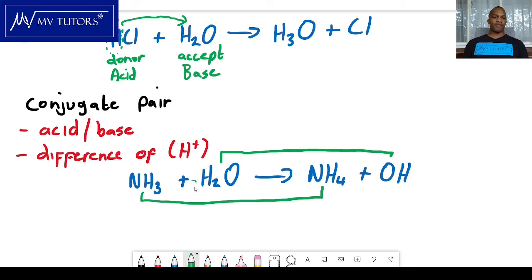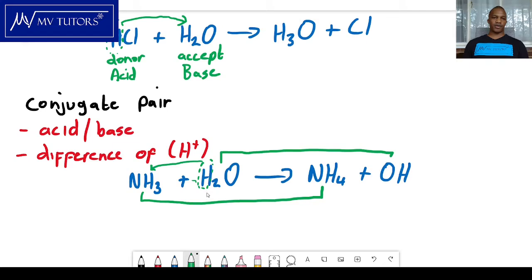Now remember, we said that to identify which one is an acid and which one is a base, we do this very same exercise again. If H2O became OH, that means it lost an H, and NH3 becomes NH4, it means it gained an H. So this H over here was donated over there.